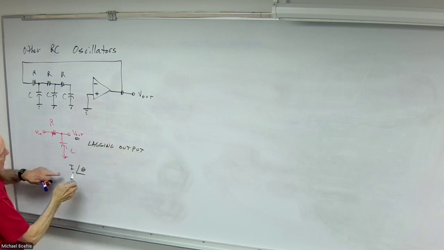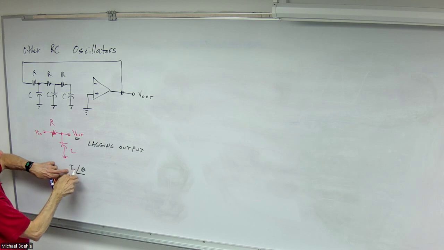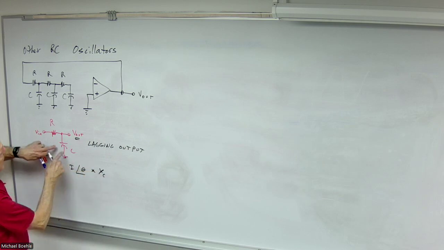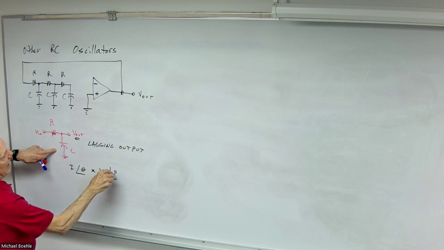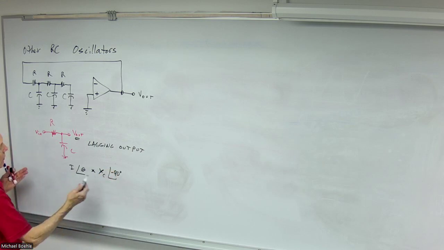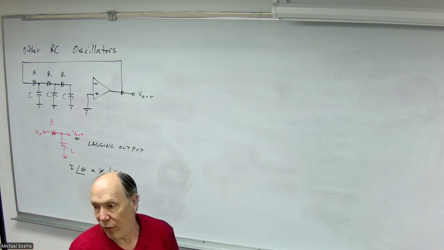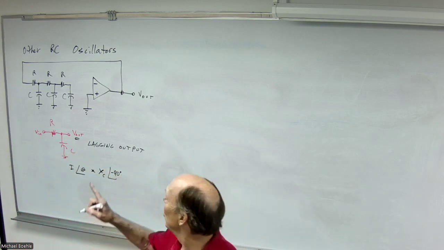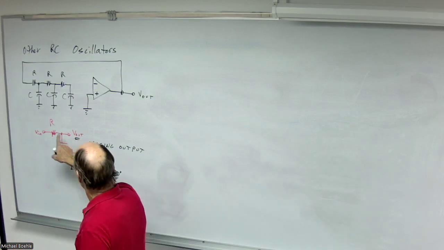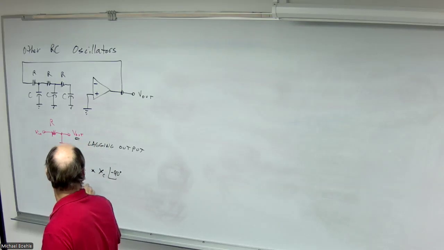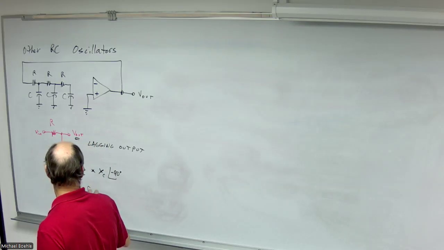And that is because if I take a current with a positive angle, multiply it by capacitive reactance that has a negative 90-degree angle, well, now we end up with a lagging output voltage. So what I do is I create the RCs for a frequency.